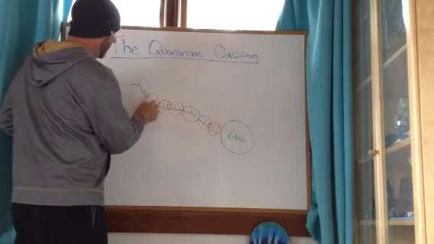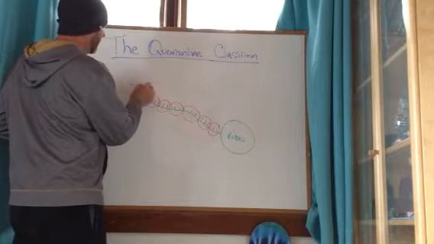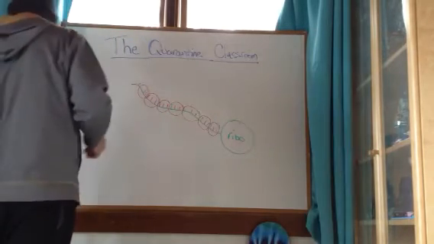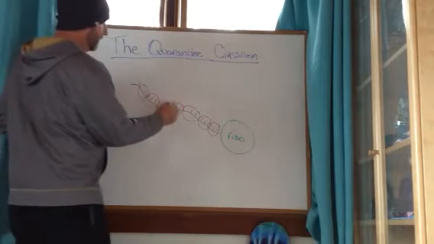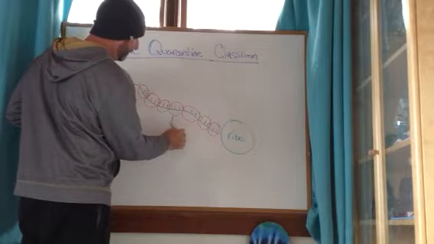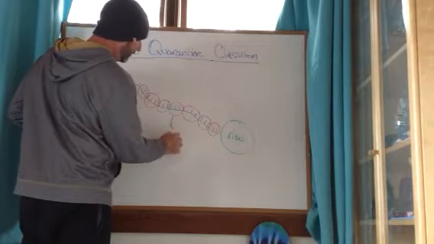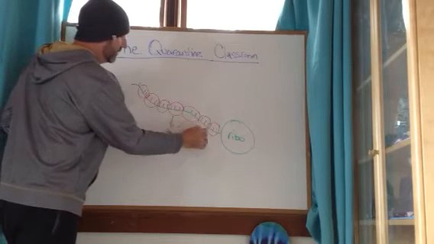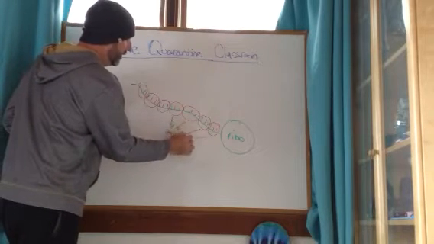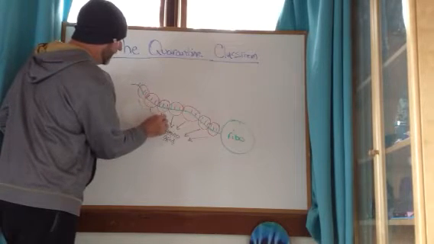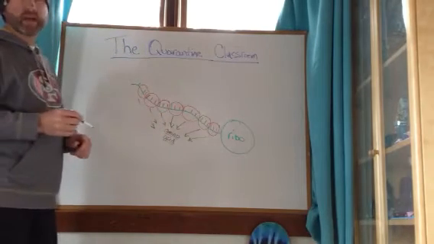But for every 3 nucleotides, an amino acid is coded for. All of these code for different amino acids. Every 3 nucleotides in a row codes for an amino acid.